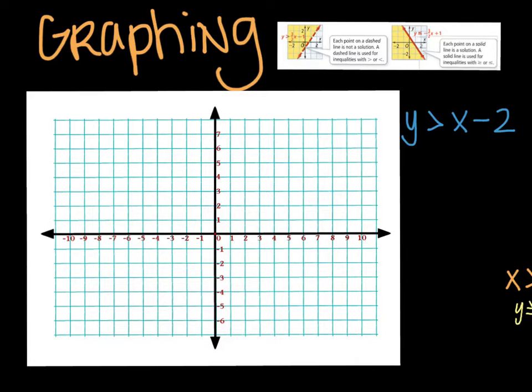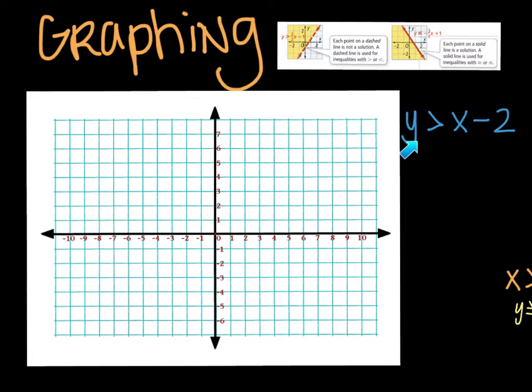The first thing you're going to do is make what's called the boundary line. That's just the line that you're using, because it is a greater than sign and there is not a bar underneath, you're just going to use a simple dotted line, and you're going to use y equals x minus 2 as your boundary. So you're just replacing that inequality with an equal sign.